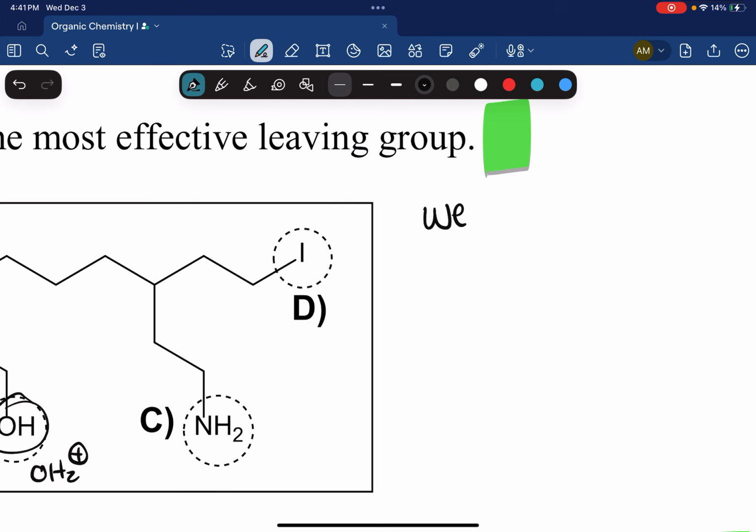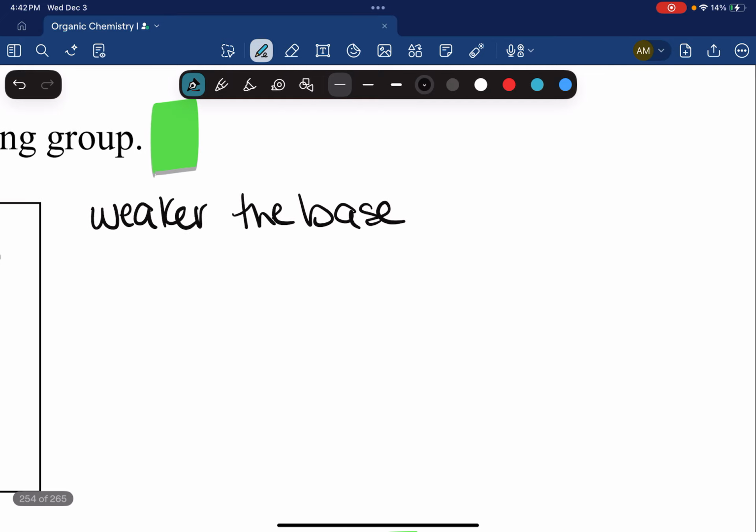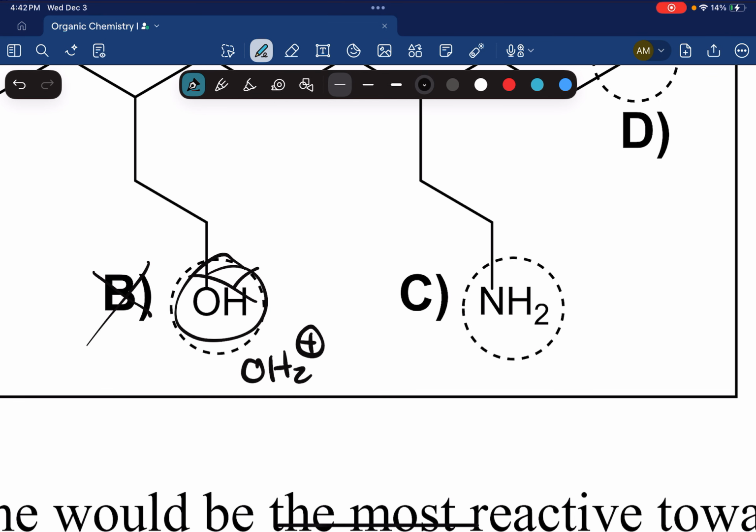This is why, I remember: the weaker the base, the better the leaving group. Okay, OH is a strong base, right? Well, not super strong, but hydroxide is a pretty strong base.